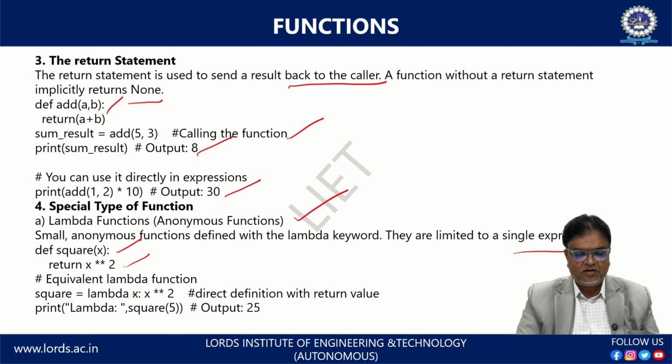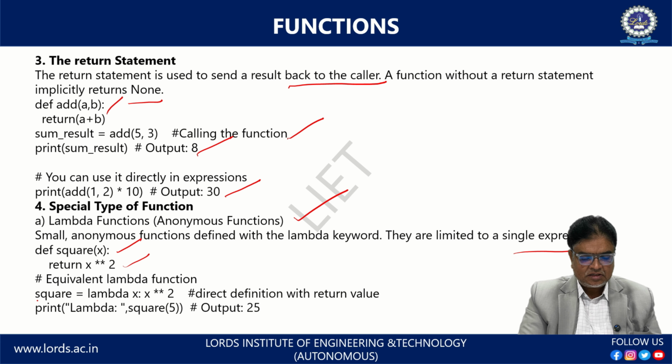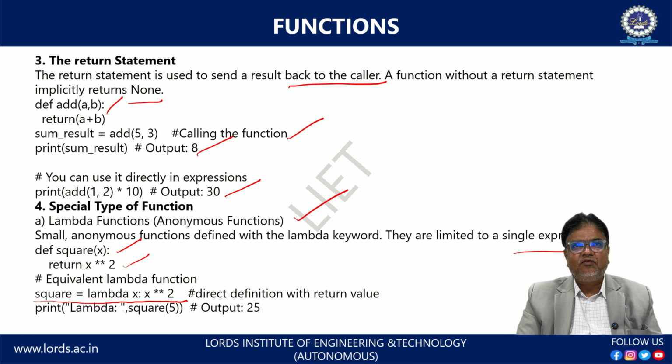But when you use the special type of function lambda, we can specify this in one line. Instead of these two lines, we write this code in just one line. This is the advantage of the lambda function: we can define and return the value in a single line. Then we can print the function like this.